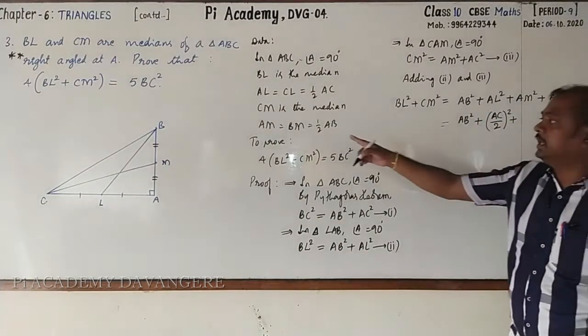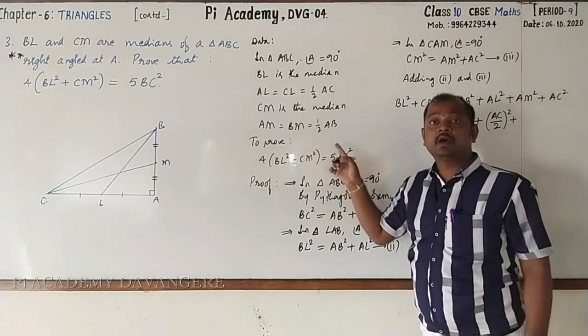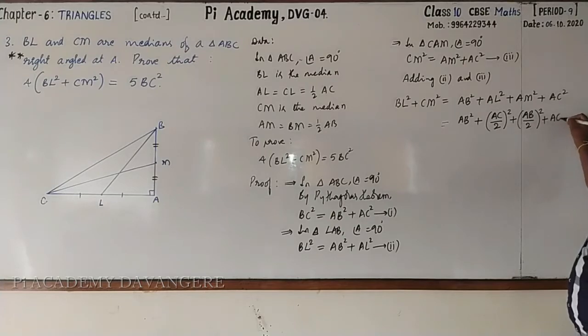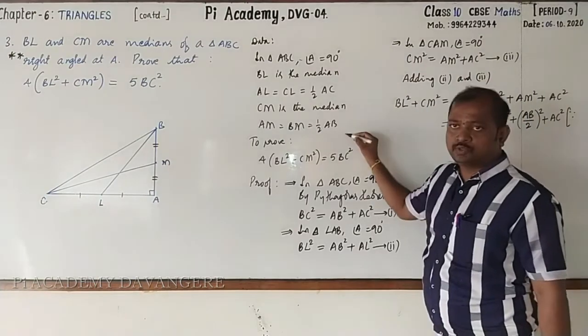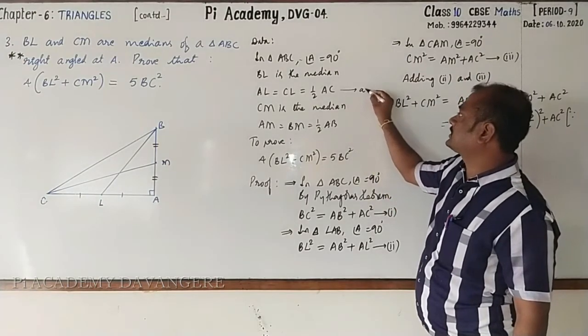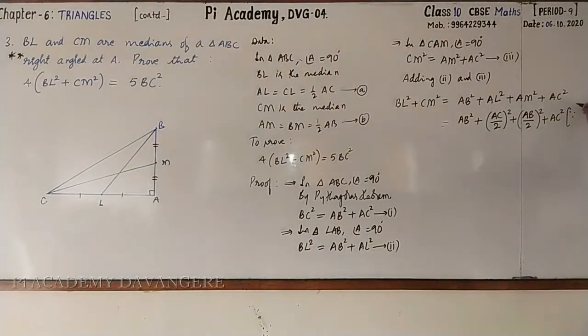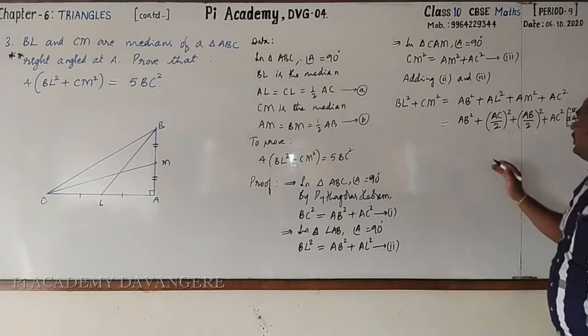What about AM? AM is half of AB, nothing but AB by 2. Write it squared, plus AC square. This is because of these two statements. You may call this statement A, this B. In reason, write statements A and B. Followed? Okay.